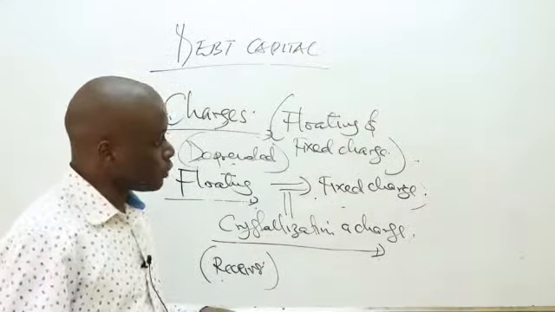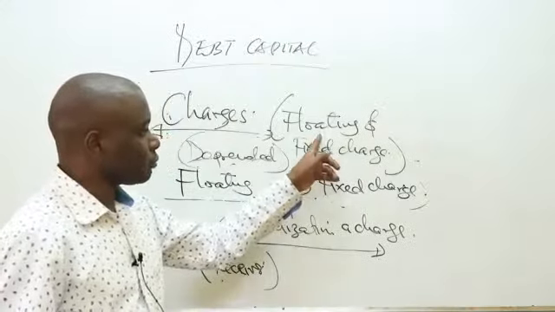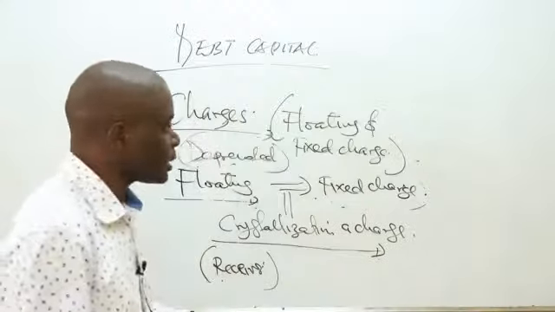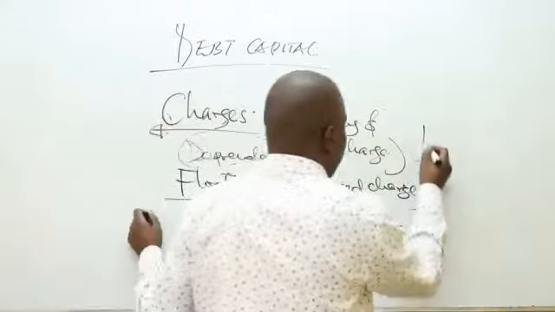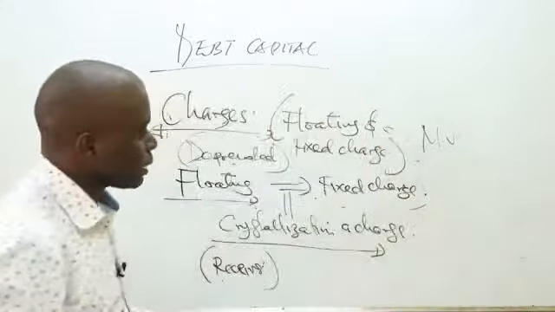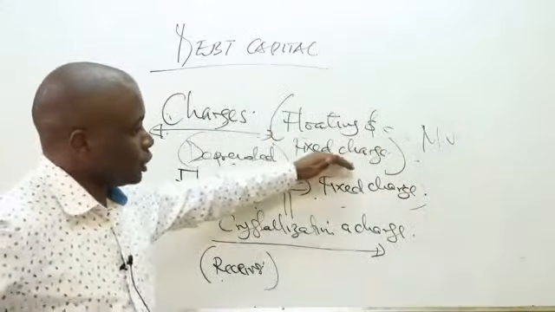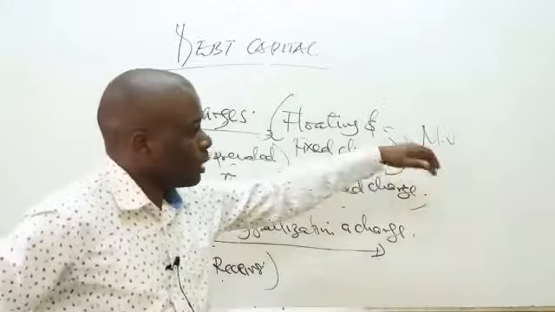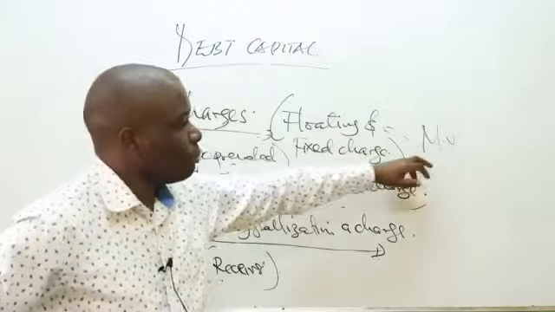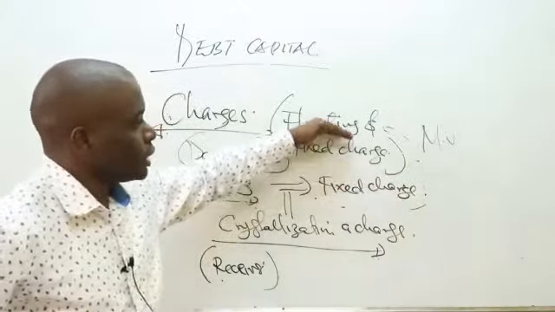Then another thing you have to discover about floating charges is that sometimes the company can create, for example, if it is a motor vehicle, you have a motor vehicle under a floating charge, it can subsequently create a fixed charge on the same motor vehicle. But this particular fixed charge on the same motor vehicle will be given priority over the floating charge.